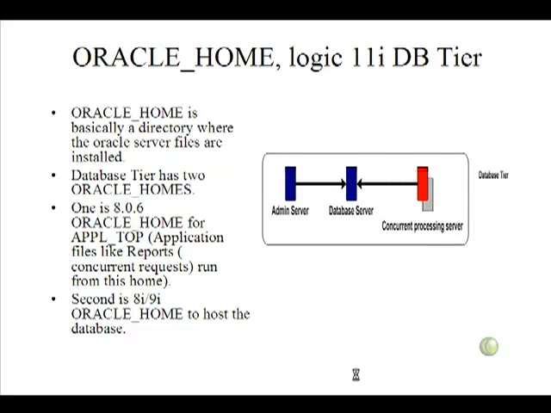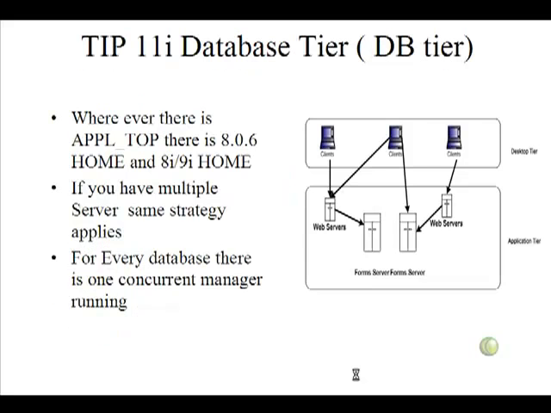So that is why in a 2-node install on the database tier, you will have 3 Oracle Homes: 806, which will be used for the Appletop, the concurrent processing tier, and you will have IAS Home, which may not be used, but it will still be there, and the 8i and 9i Home, which is used for your data files. Same logic, wherever you see the Appletop, there must exist 806 Home.